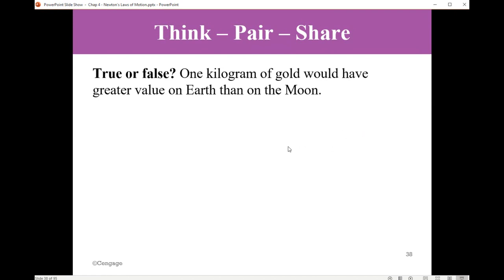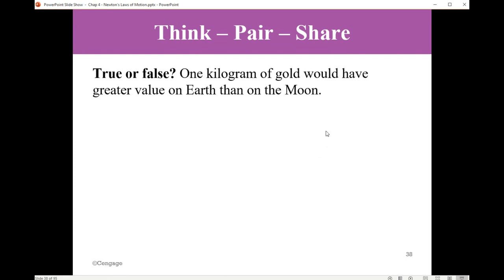Is it false? Maybe I'm thinking of it backwards. Why do you think it's false? Well, because aren't things on the Moon? So if you had, oh wait, because I was thinking if you had a kilogram of gold on the Moon, then it would be more. Like if you brought that kilogram.